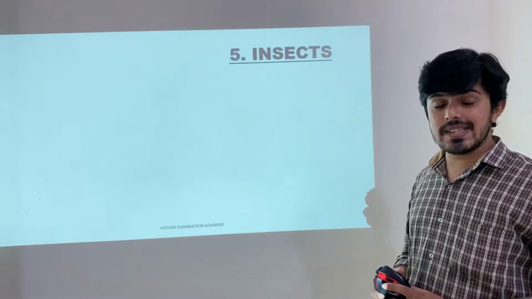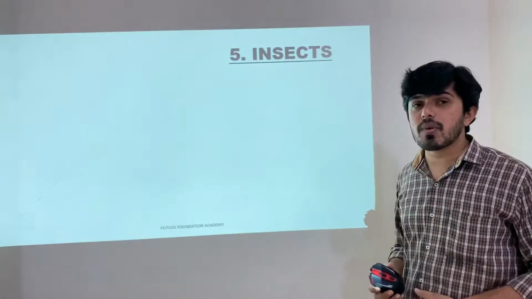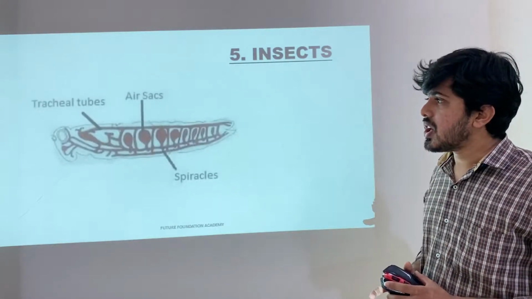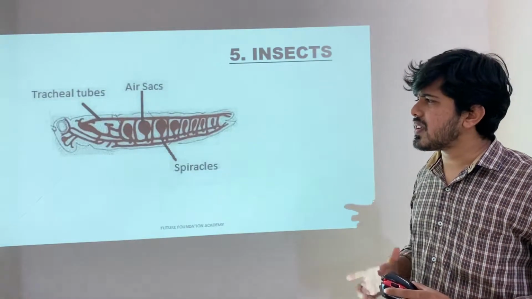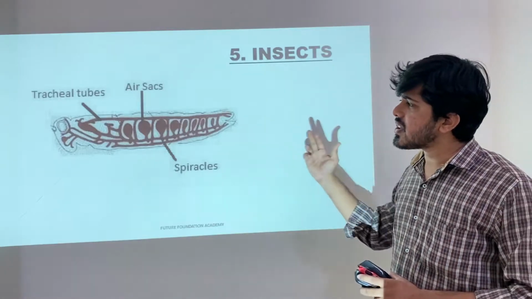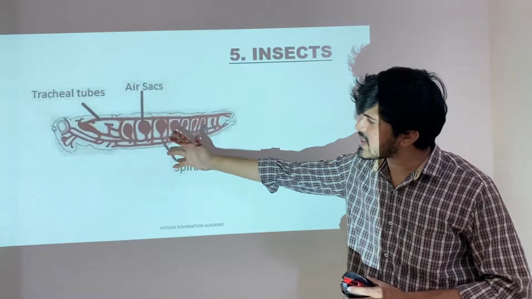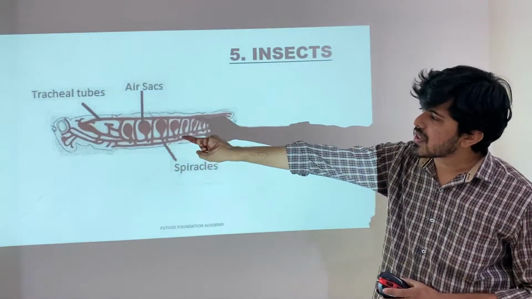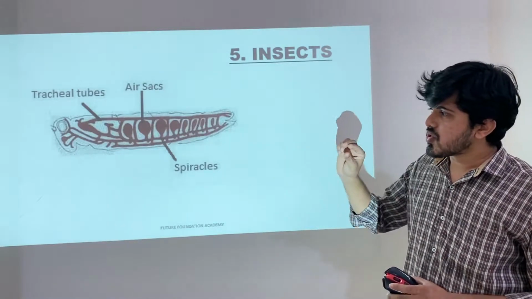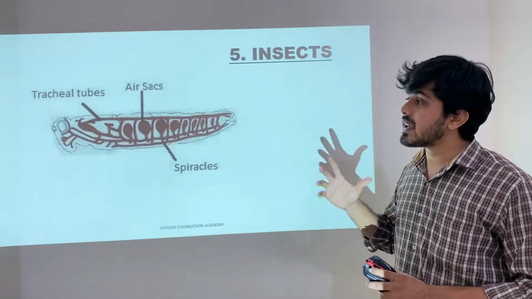Next, we are going to study insects. They have a special type of organs for respiration, which can be asked in an exam. Take an arthropod, a cockroach. If you see the body of this cockroach, you can see various different organs. You can see air sacs which act like lungs. You can see tracheal tubes and spiracles. Tracheal tubes and spiracles are the main respiratory organs in insects.